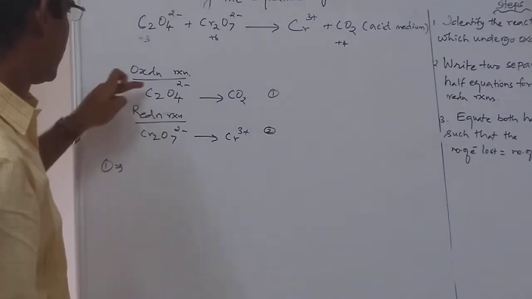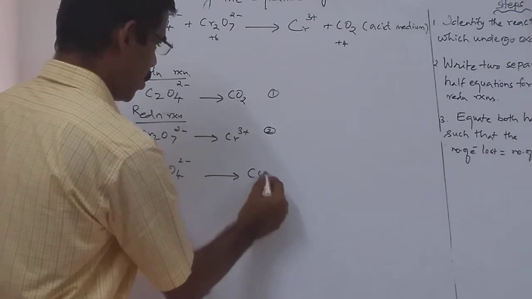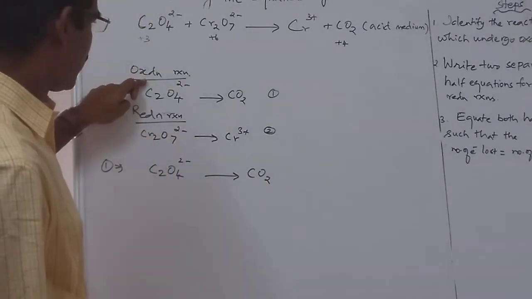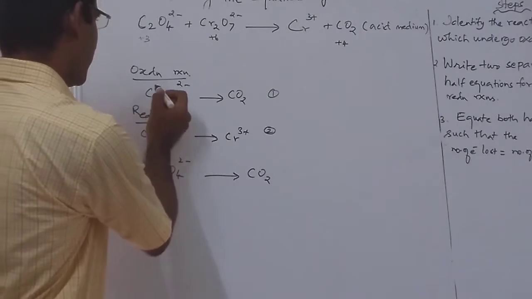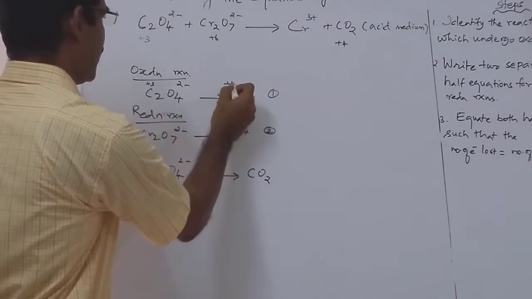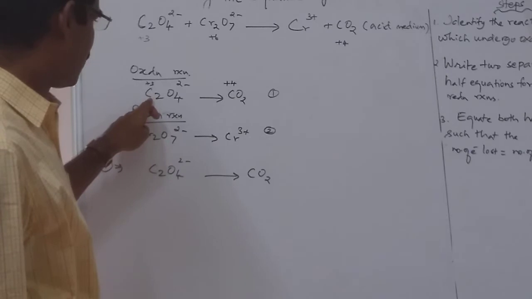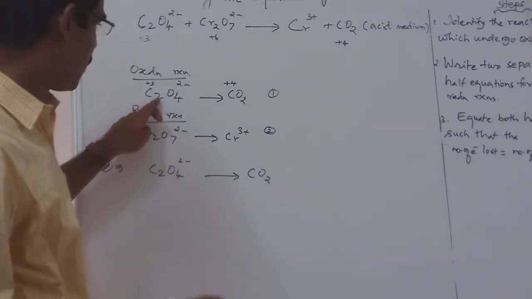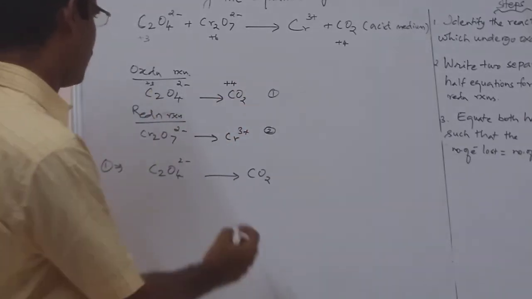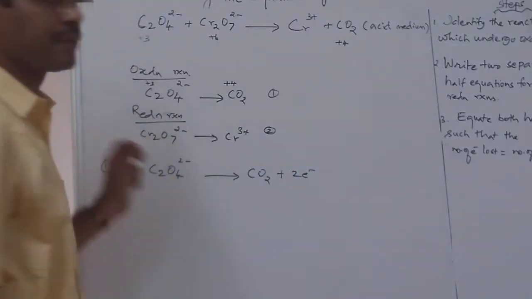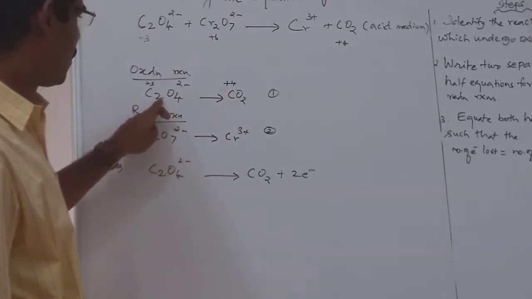You see, C2O4 2- has changed to CO2, and we call this oxidation. I have said that the number of electrons lost should be written on the product side. Here you will observe that +3 has become +4. So only one electron is lost for a single carbon. Remember this word very clearly: you have two carbon atoms here, for a single carbon atom one electron, since there are two carbon atoms, two electrons are involved. So I put plus 2 electrons. One electron is lost, giving plus 4 for one carbon, so for 2 carbons, 2 electrons it has lost.